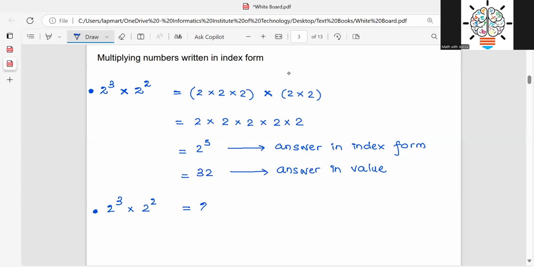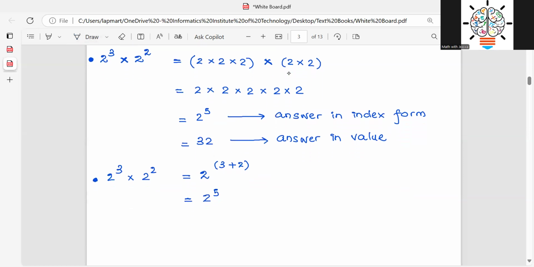What it is: 2 to the power of 3 plus 2. You add the indices, you get the answer 2 to the power of 5. So what is 2 to the power of 5? That is the answer in index form. By any chance, if they have asked you to write the answer in value or to find the value, something like that, you can't keep the answer as 2 to the power of 5.